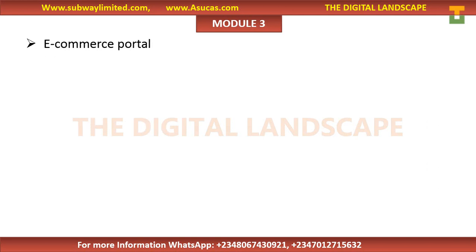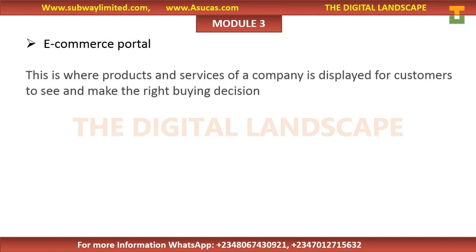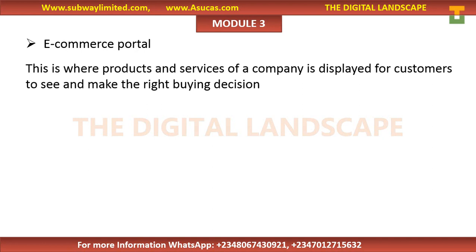Then the e-commerce portal, this is the one most people are always familiar with, for selling of products and the likes. This is where products and services of a company are displayed for customers to see and make the right buying decision, like most of the gigantic e-commerce websites we have in the world.